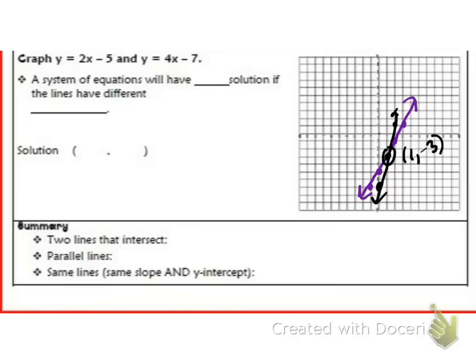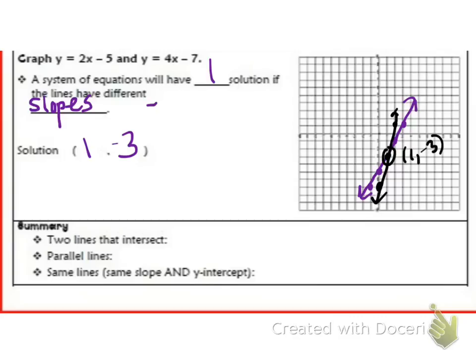Okay, so a system of equations will have one solution if the lines have different slopes. In this case, we got the solution 1, -3. And of course, we can plug it into the equations and check.